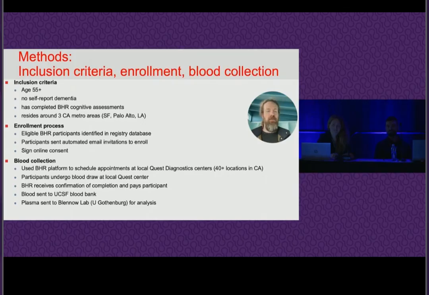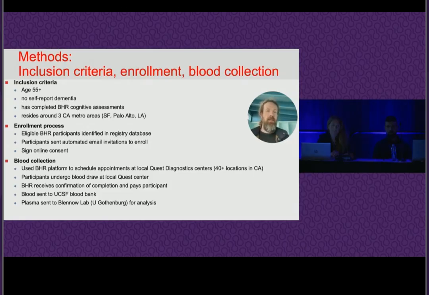Once we identified those participants, they were sent an automated email to enroll. Once they indicated interest and consented, they used the BHR platform to schedule appointments at one of 40 local Quest Diagnostic Centers in California. Then these participants underwent a blood draw at that center.